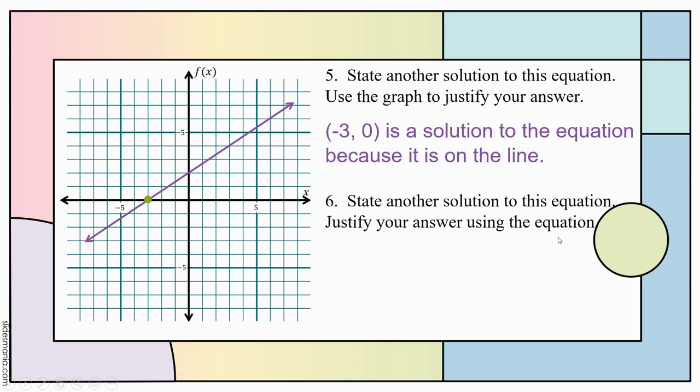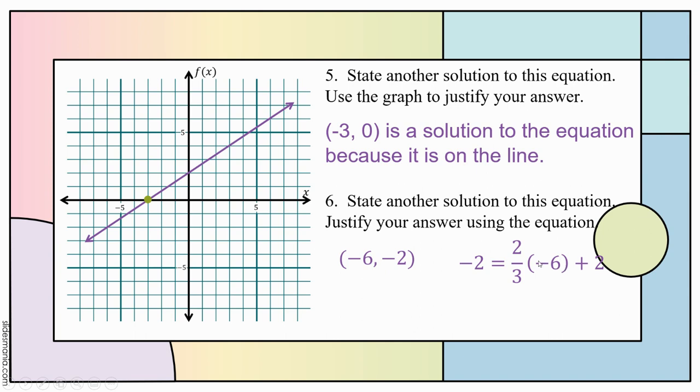Now let's prove that it satisfies the equation by substituting that in. First it says state another point, but this time we're going to use the equation to justify our answer. So I looked at my graph, and I chose -6, -2.